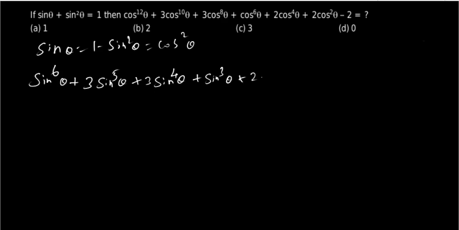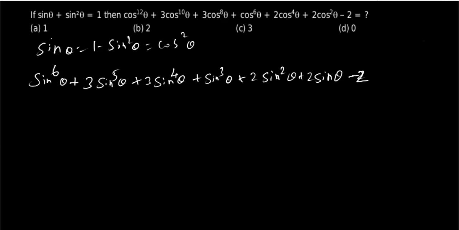Plus 2 into cos to the power 4 theta becomes sine square theta. Plus 2 times cos square theta becomes sine theta, minus 2. This value we need to find out.